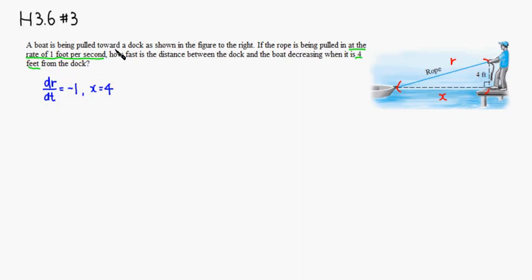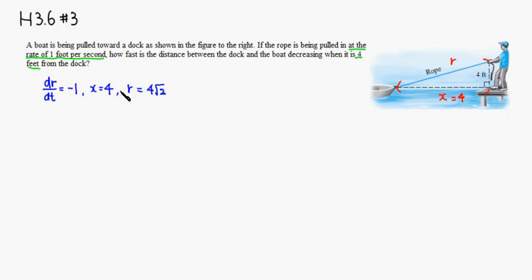Actually, we can find r just using the Pythagorean theorem. At this point x is equal to 4, and the height here is 4, so r is the square root of 4 squared plus 4 squared, so the square root of 32, which is actually 4 square root of 2. So by the Pythagorean theorem, r is 4 times square root of 2.